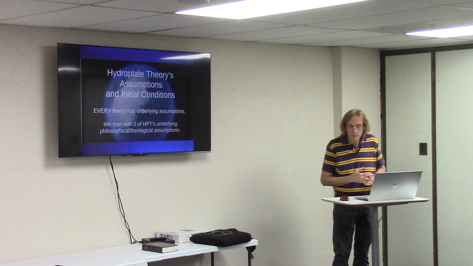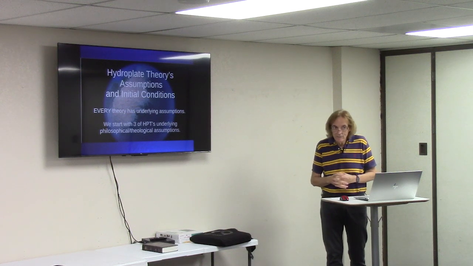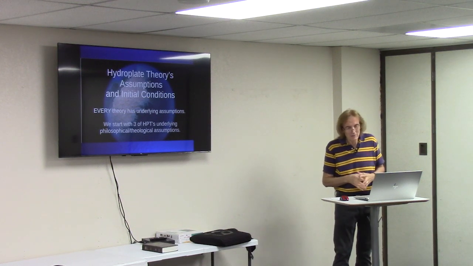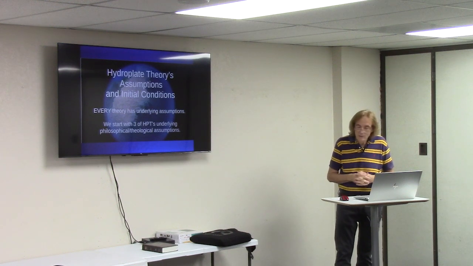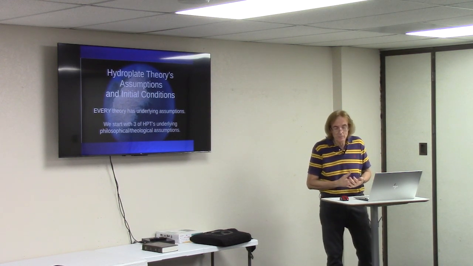The other one is called vapor canopy theory, which is not very scientific at all. In fact, it's pretty well debunked, and there are maybe a few creationists that still hold to that, but not very many. But catastrophic plate tectonics is the reigning paradigm right now in the scientific world and the creationist world.